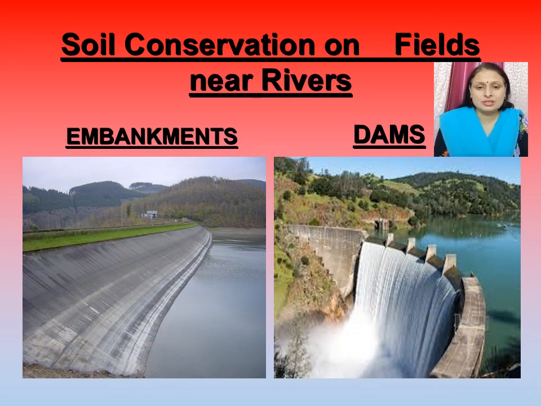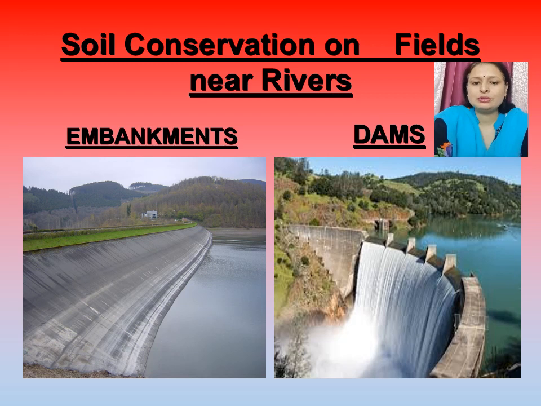During the monsoon season, many rivers overflow and flood the fields. To avoid the floods, embankments along the river banks are built. These embankments hold the water between the banks and prevent soil erosion.